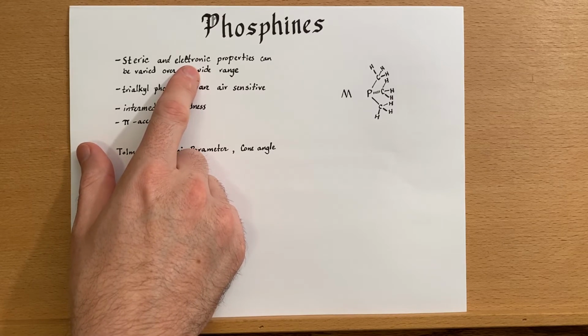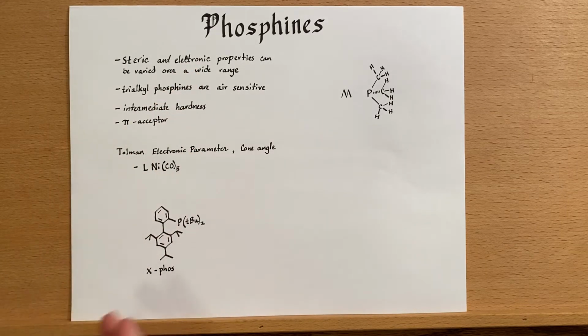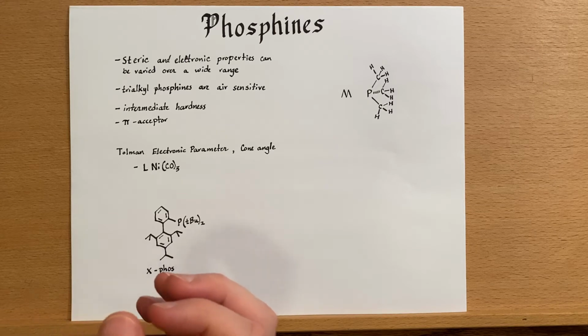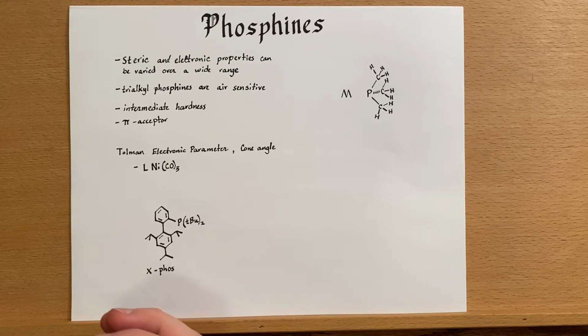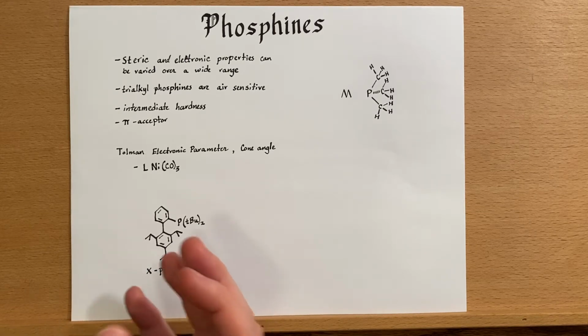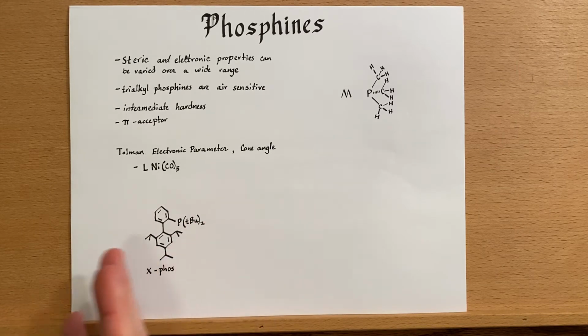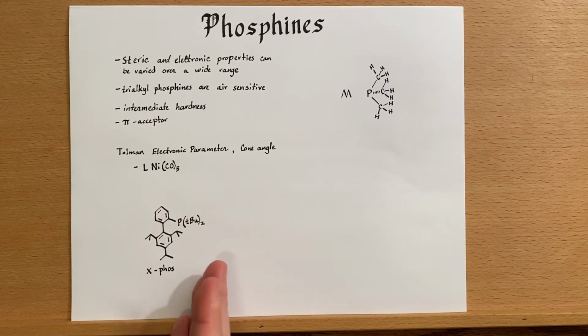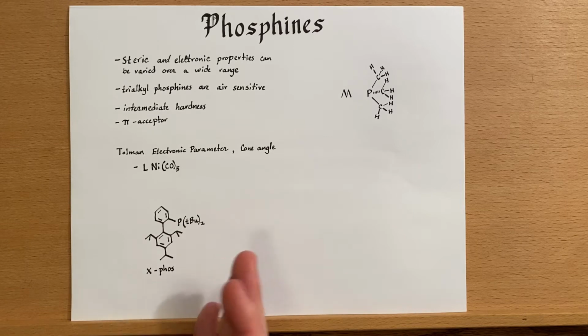And so there's quite a range of these available, and so we can adjust what's happening at the metal very finely and experiment to see which phosphine would be the best for a particular catalyst or complex, depending on what we wanted to have happen.